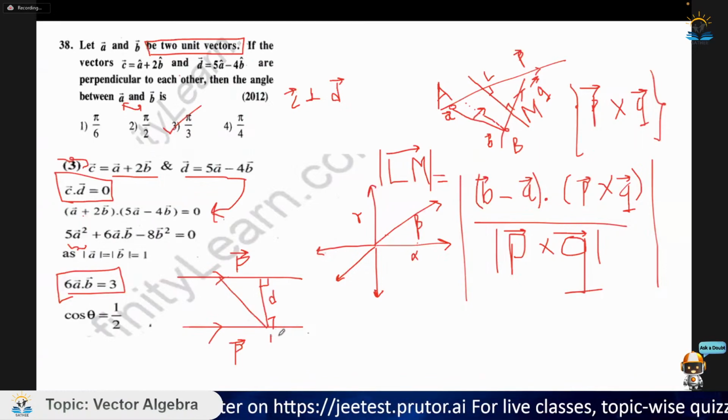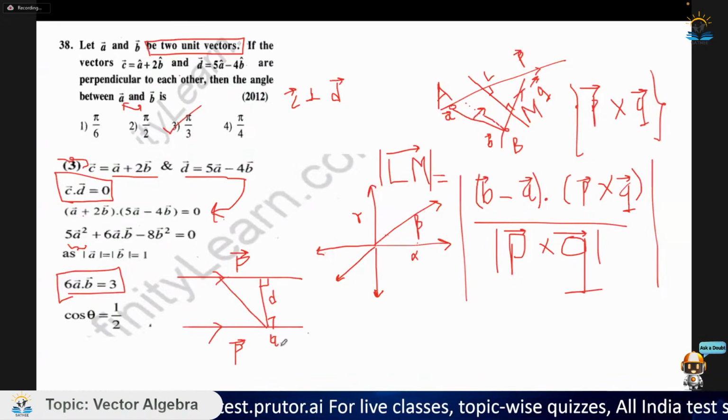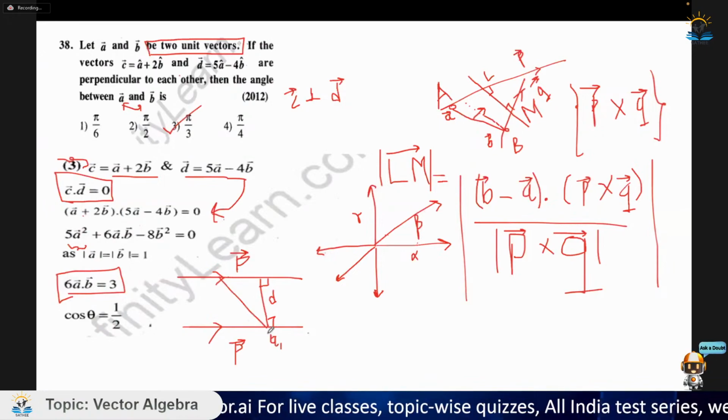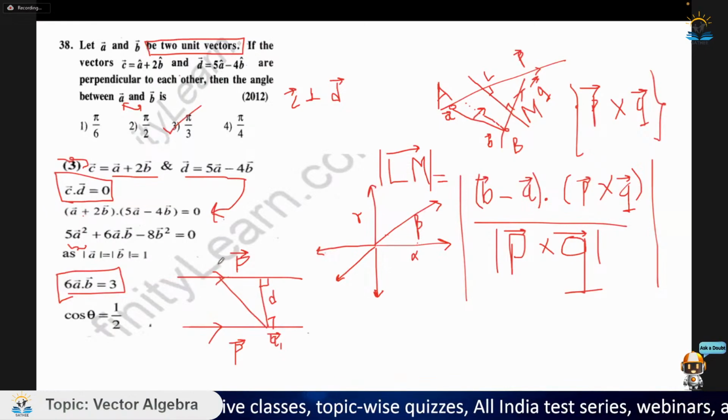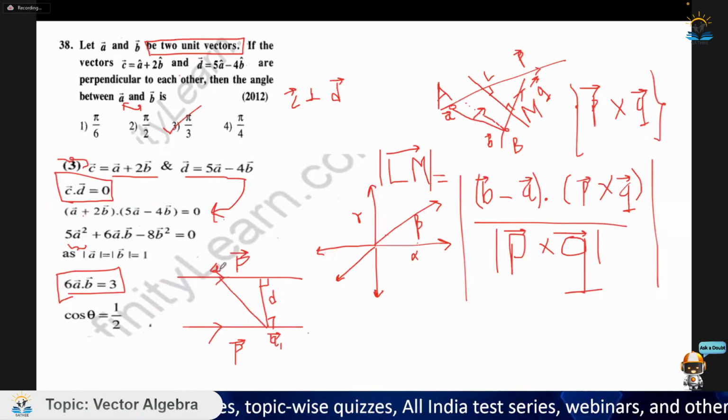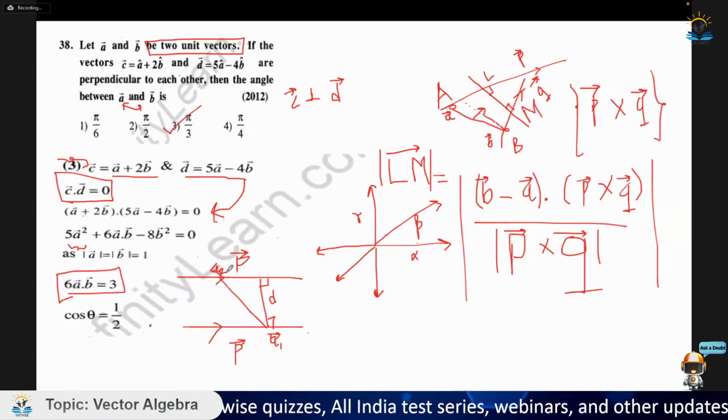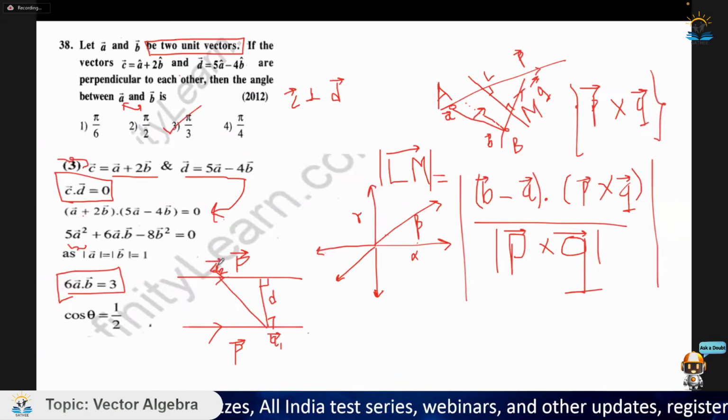Let's say this is point a1 vector, and this is let's say a2 vector. Okay, so we have to calculate the value of d. So simply we can say that d will be the projection of this vector on this vector.